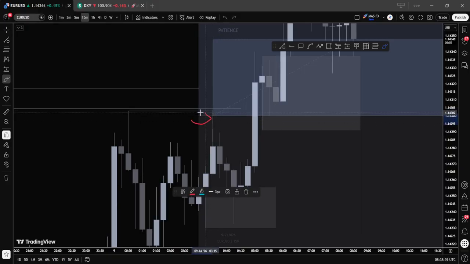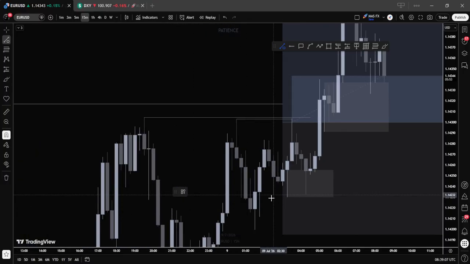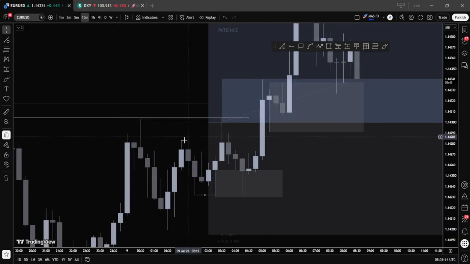That's why my entry is all the way up here. And right now we had a sweep of liquidity over here, that followed the move to take out this high over here. Price came into the demand order block, then pushed higher.